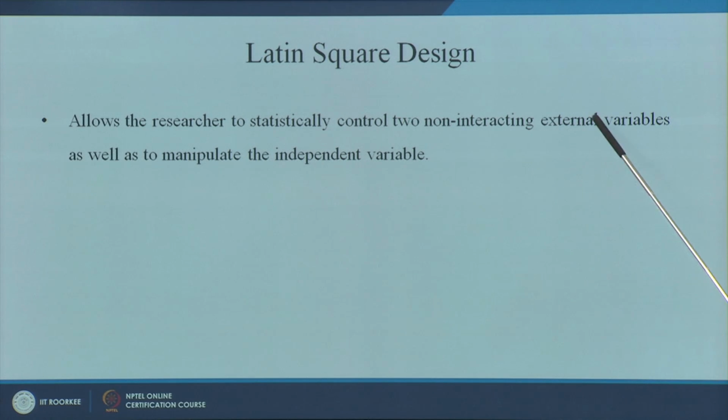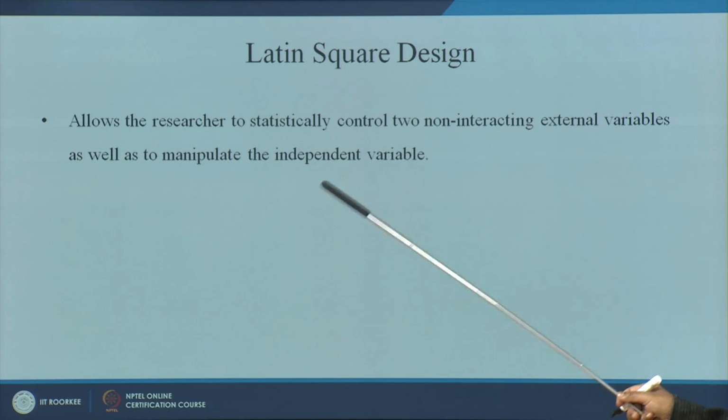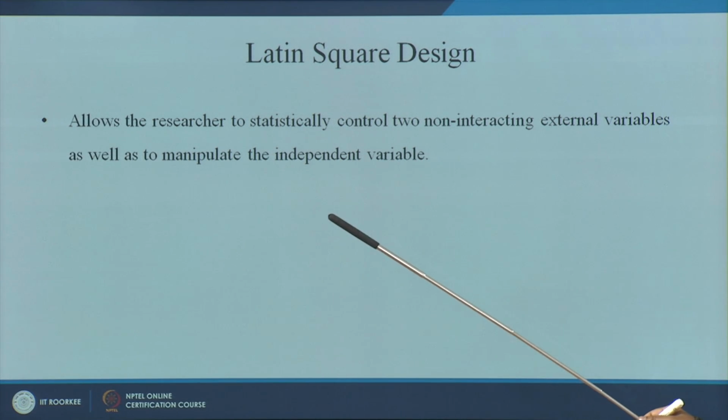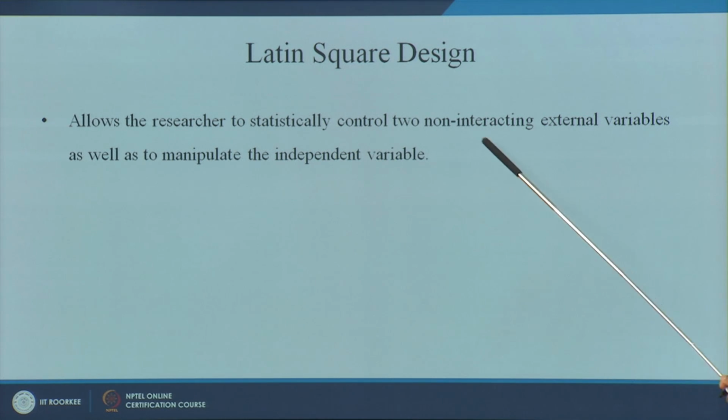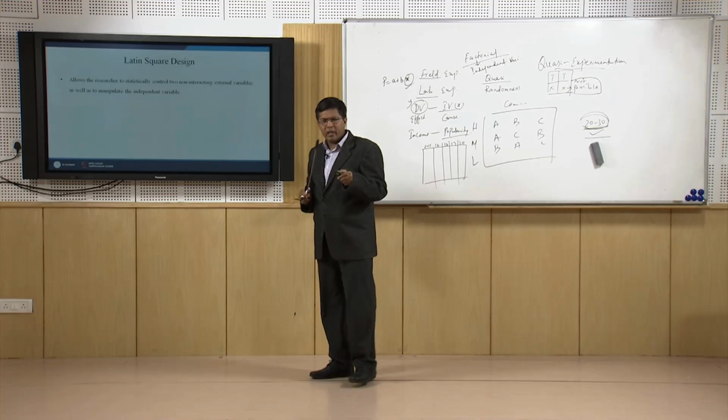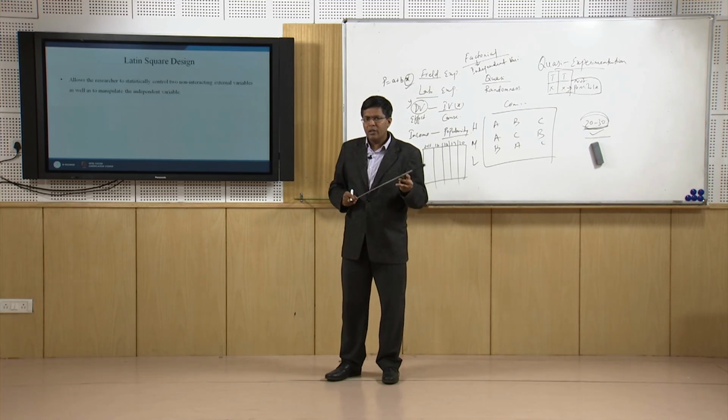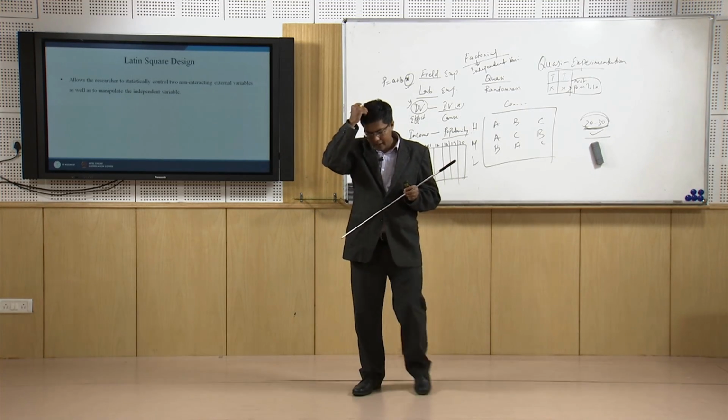Statistically, the researcher is able to control two non-interacting external variables. So, what do you mean by interaction effect? First let us understand.